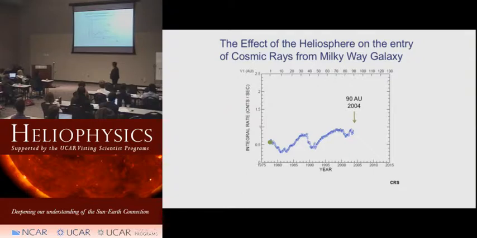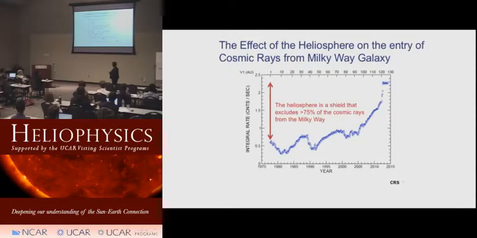In 2004, we started measuring galactic cosmic rays beyond the termination shock in the heliosheath, in that subsonic region. And it went to this level. And now when we cross the heliopause, it's here. So the bottom line is that the heliosheath is responsible for 75% of blocking the galactic cosmic rays.